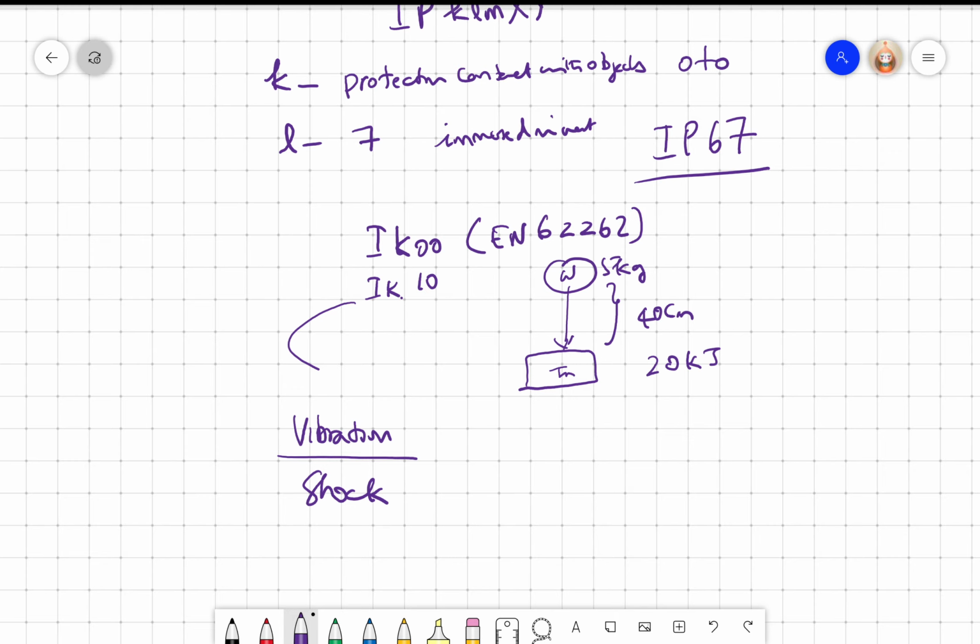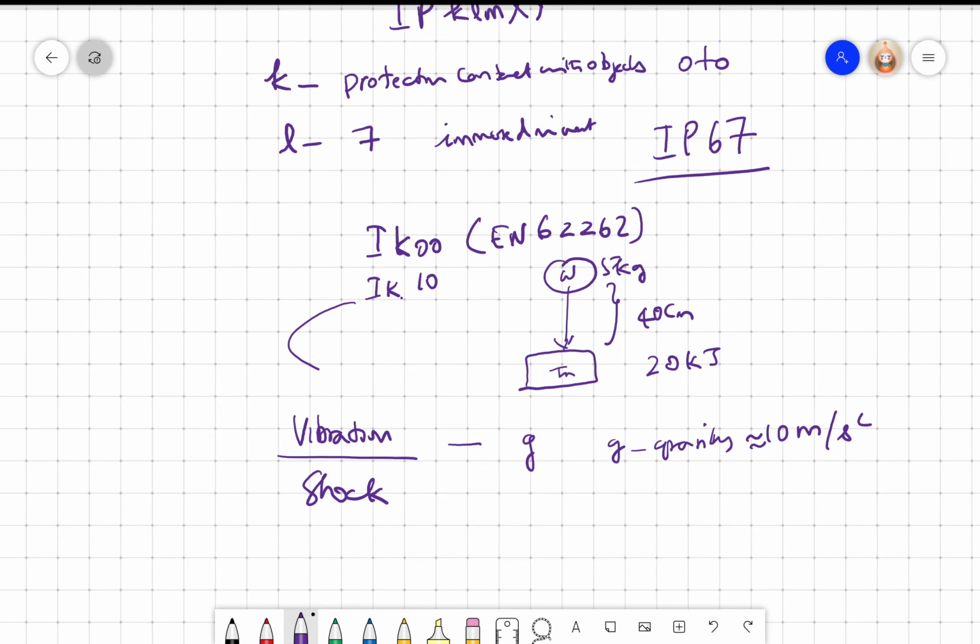It will still work. Vibration is given in terms of G, where G is gravity, right? Acceleration due to gravity, approximately 10 meters per second square. So if the transducer manufacturer says my transducer will take 2G vibration, you can vibrate it with that kind of acceleration, and it will still work.